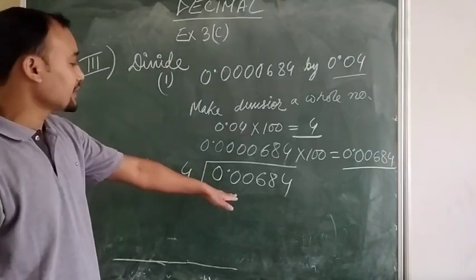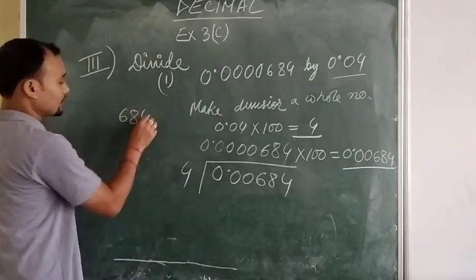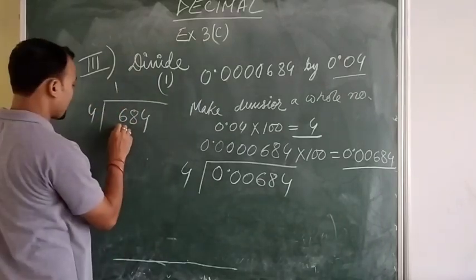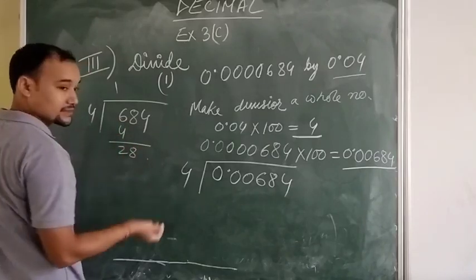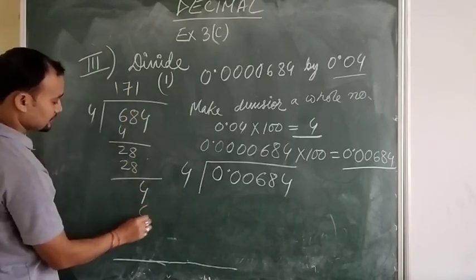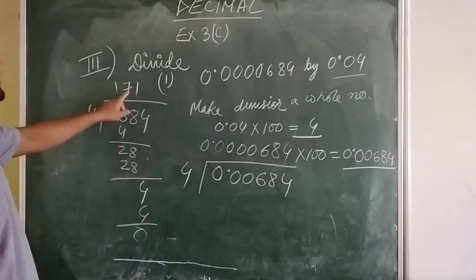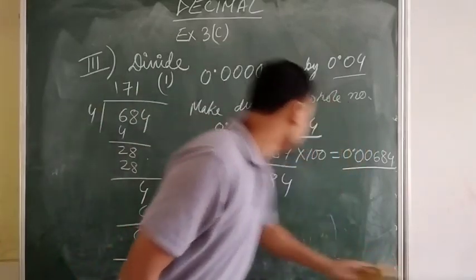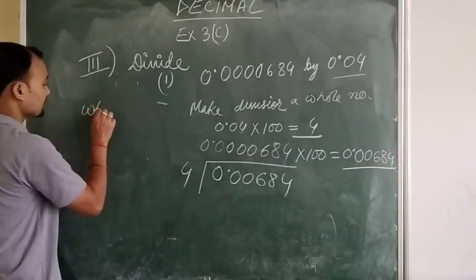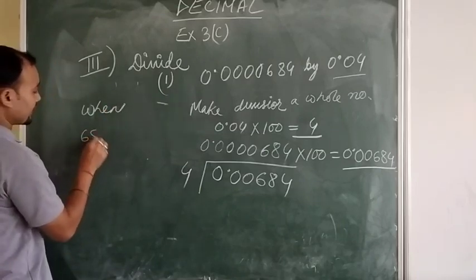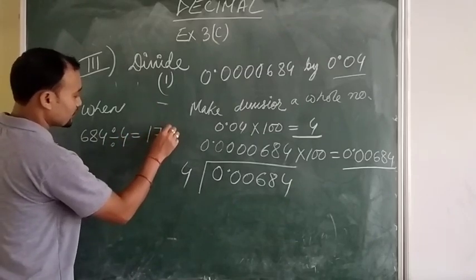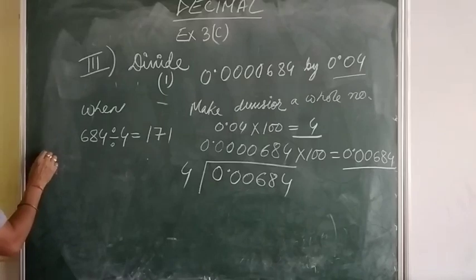Rather than doing this, you can simply divide 684 by 4 and modify the answer later. 4 goes 1, then 20, then 7, then 28, down 4, 1. The answer is 171. So when 684 is divided by 4, we get 171.